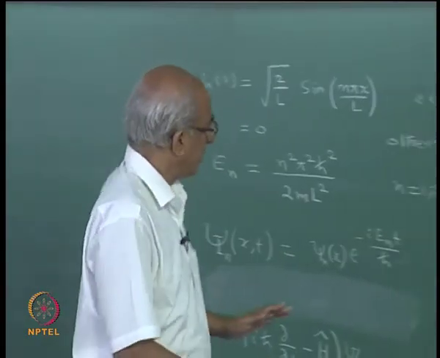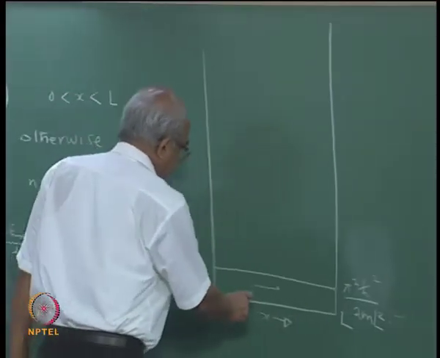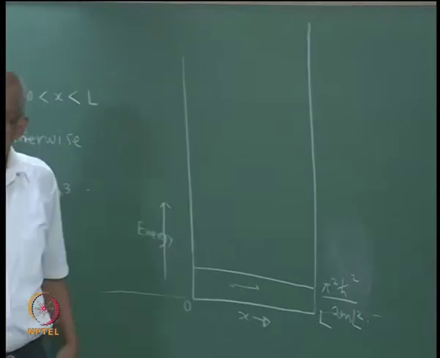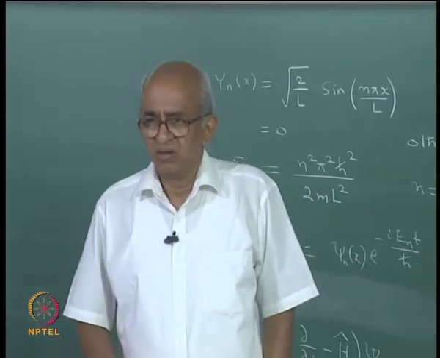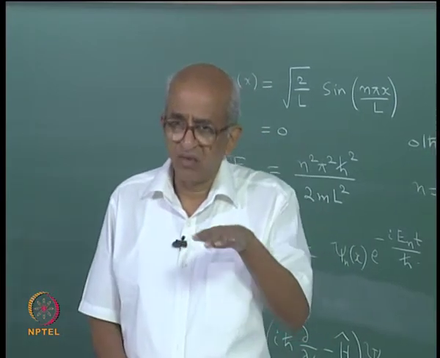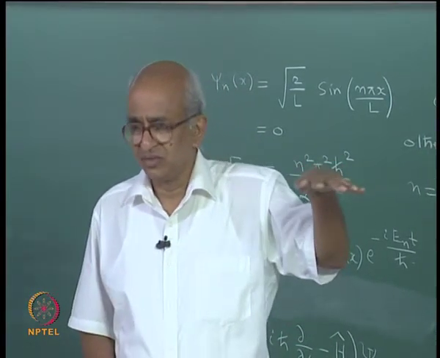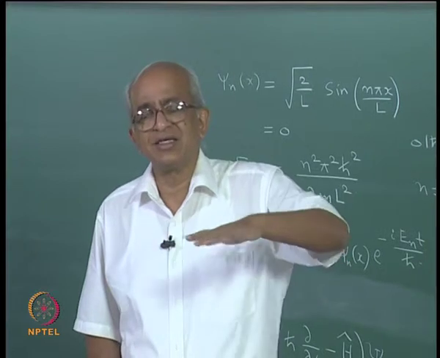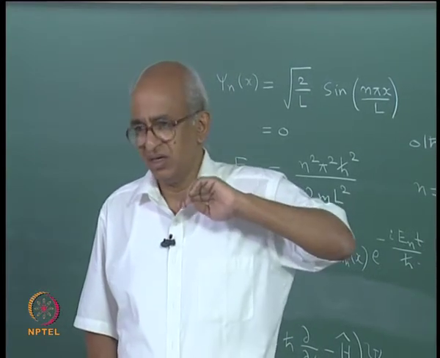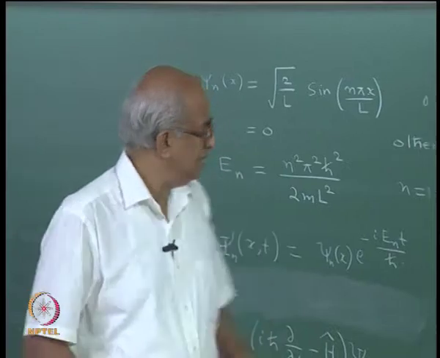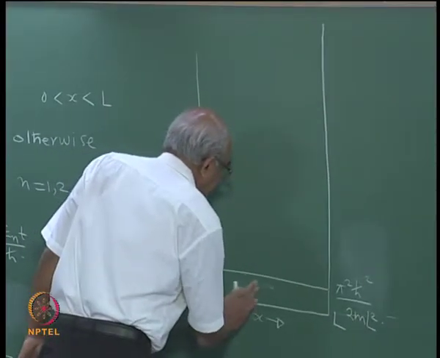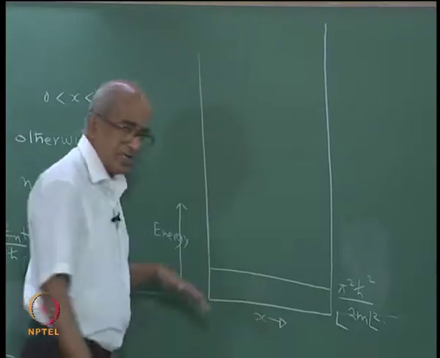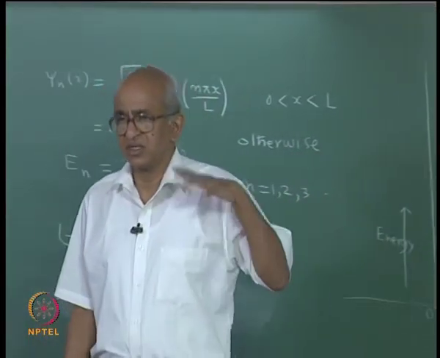What is happening is that in quantum mechanics, first of all, you find that the energy cannot be 0, right. Not only that, the energy can have only certain values. So we say that only certain discrete energy levels are possible for the particle. Okay. So these stationary states have only certain discrete values for their energies.